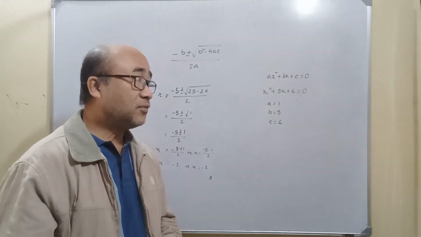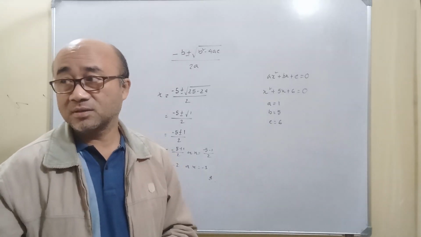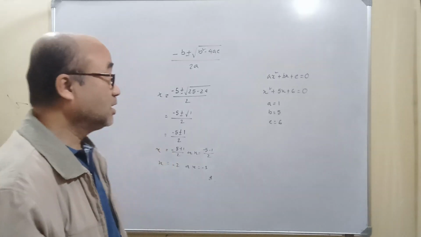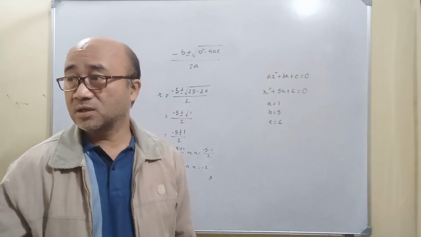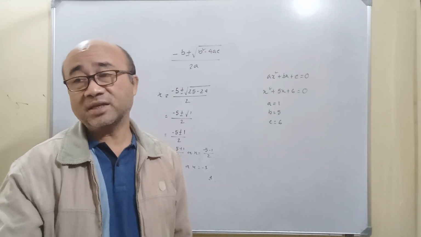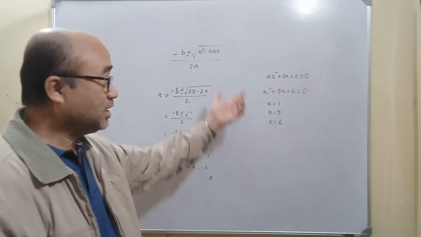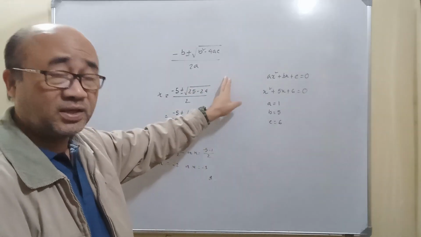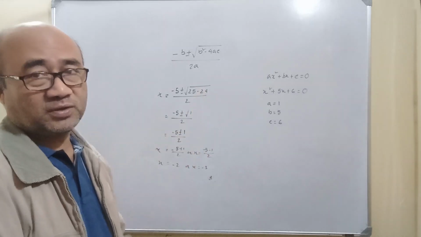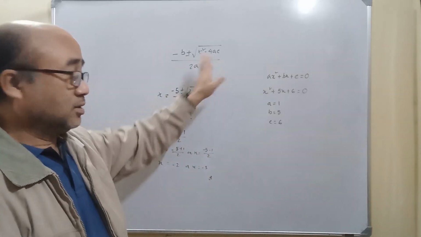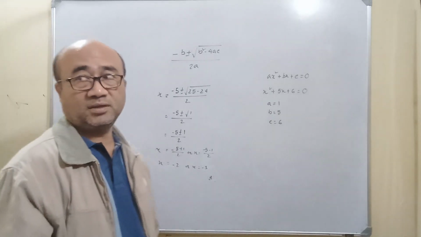So if the question does not mention that you have to use a particular method, then you can use the quadratic formula directly and arrive at the solution. You don't have to use factorization or completing the square method. But if it specifically says that you have to use, say, factorization, then you have to use factorization. You cannot use this quadratic formula. It depends on the question, basically.